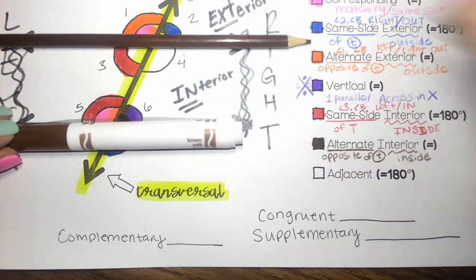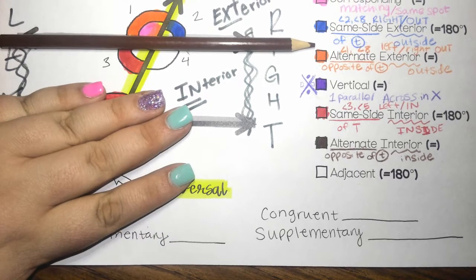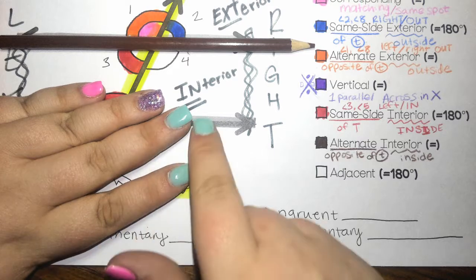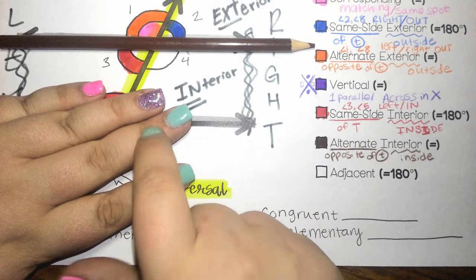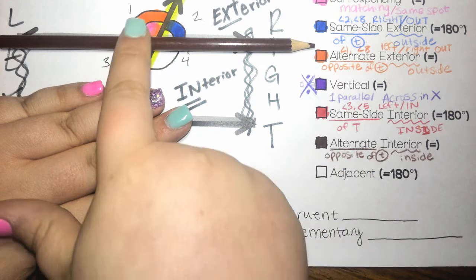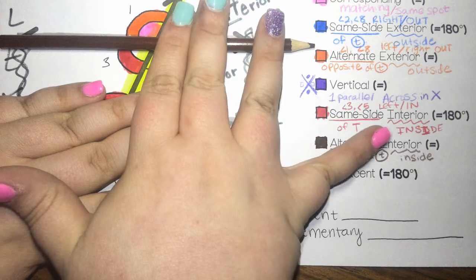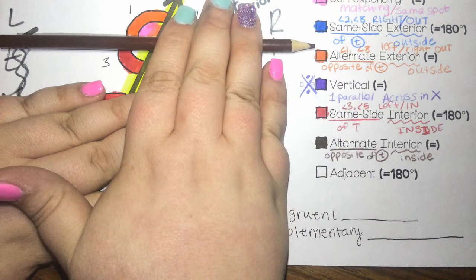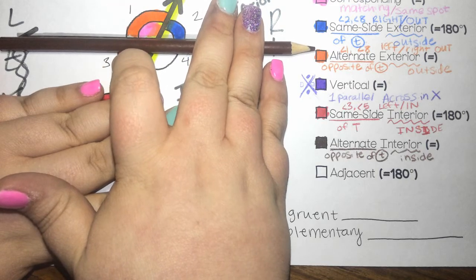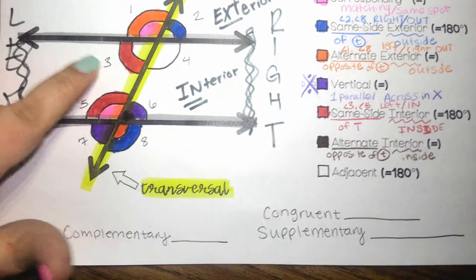So its alternate interior is going to come from the top parallel line. So the angle options I have now, just from looking at the 2 separate lines, are 1, 2, 3, and 4. 6 was on the right side. So because this says opposite, I need something from the left side. That leaves 1 and 3. Because this says interior, I know I need the angle that's on the inside of the box. So since 1 is on the outside and 3 is on the inside, then 3 and 6 are alternate interior angles.